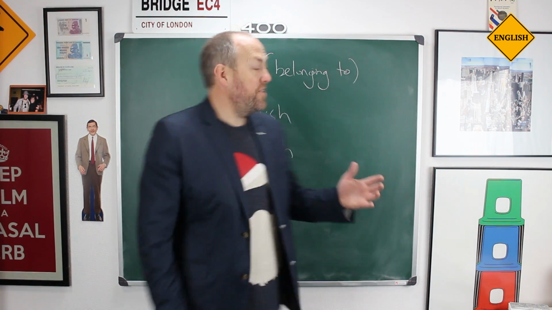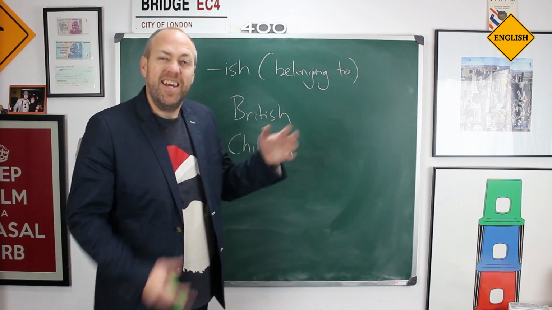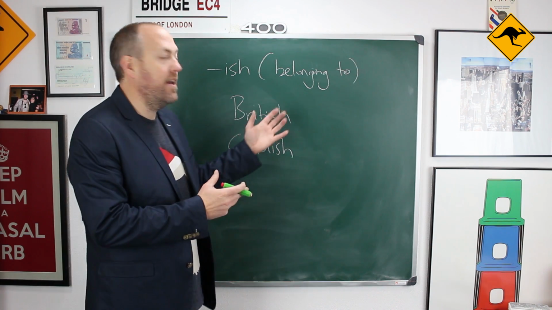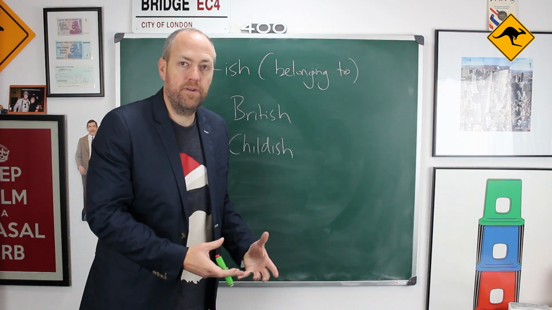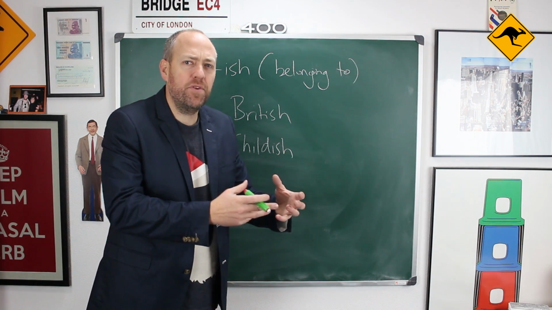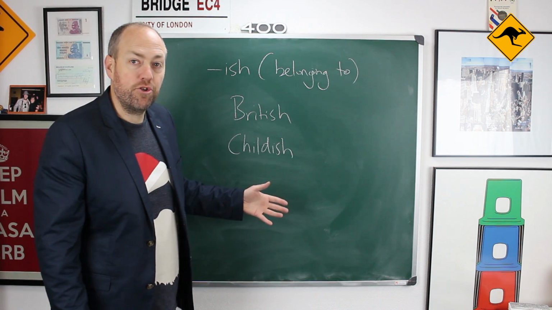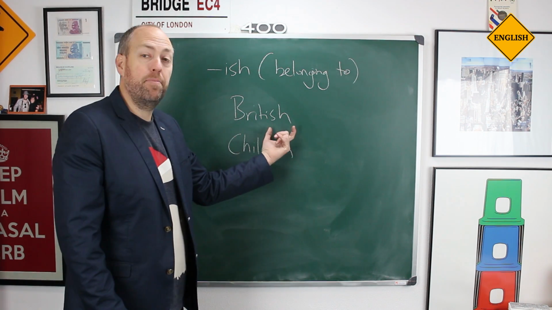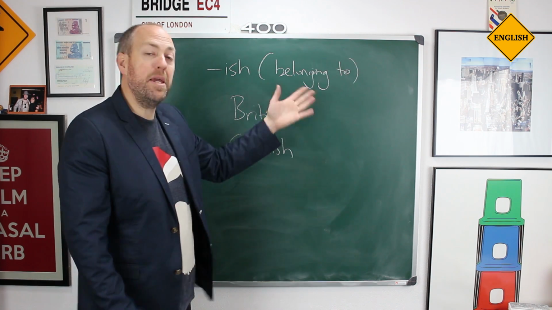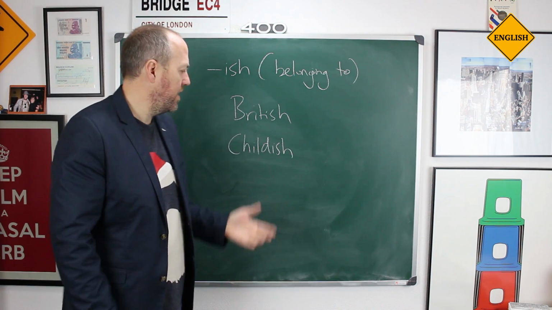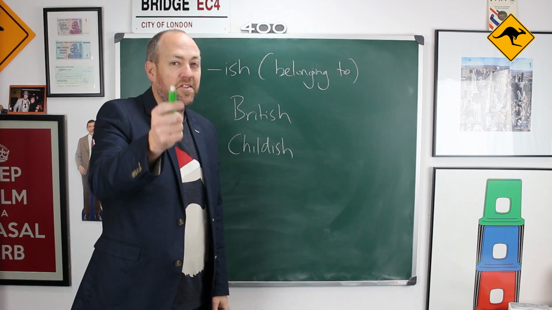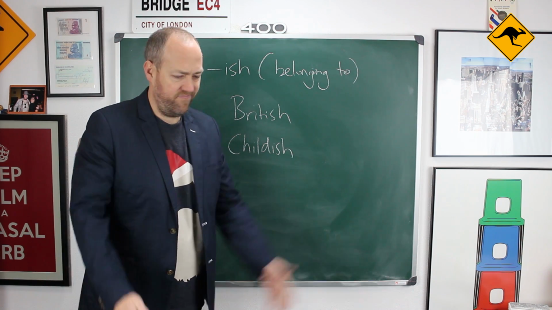The next one is ish. Ish means that something belongs to or has characteristics of something. For example, British. British is people from Britain, people belonging to Britain. Or maybe I can say that you are childish.